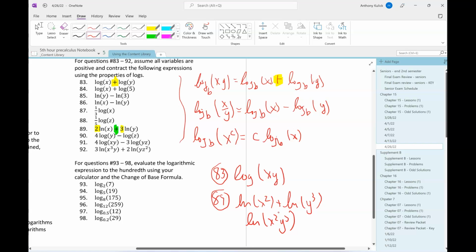Does that ring some bells there, Victoria, on what to do with that? By and large, that's what you're doing on all of these, is just using product, quotient, or power properties or some combination of them. You could use all three of them potentially in a problem. Feel cool? Okay. Others?